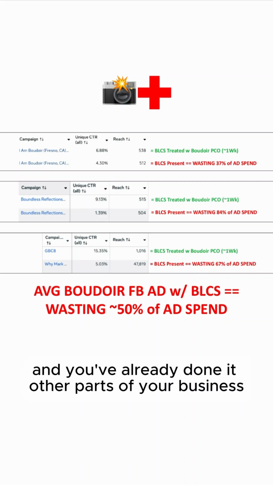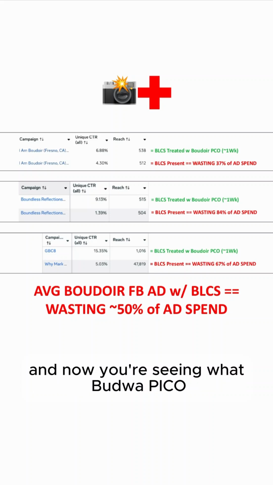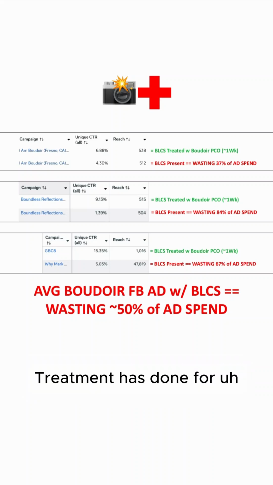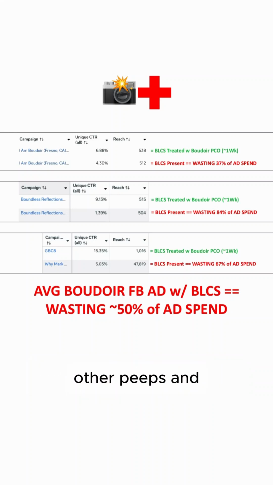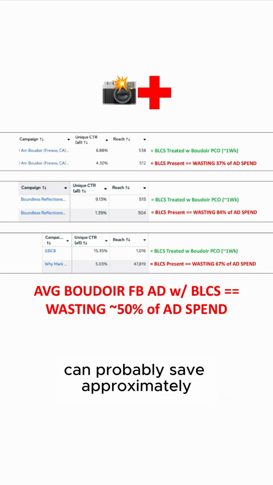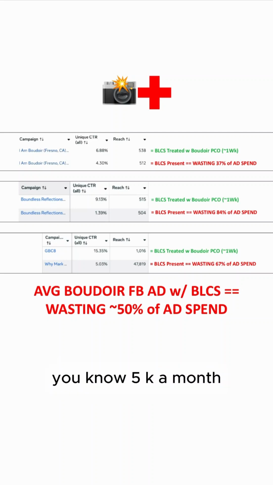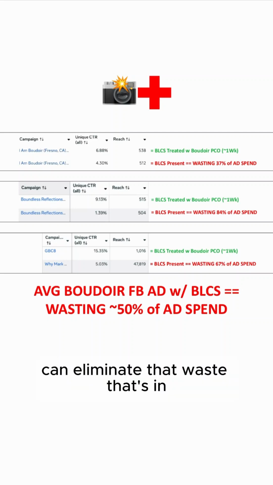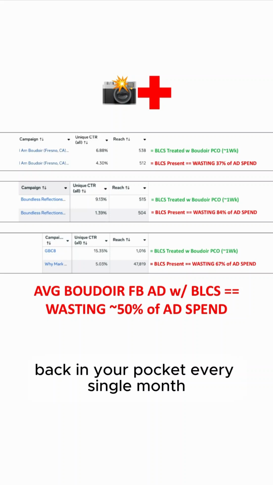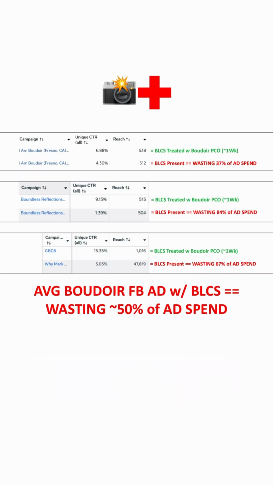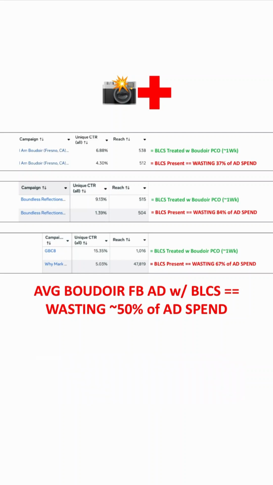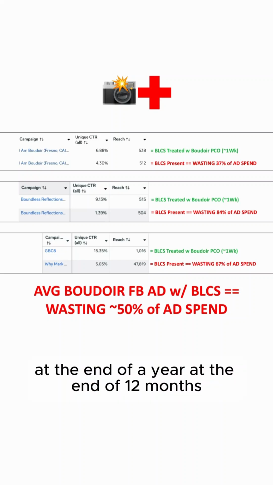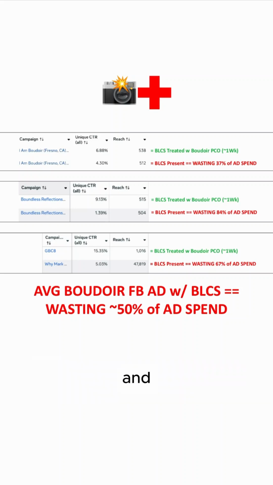You've already done it in other parts of your business, and now you're seeing what the Boudoir Pico treatment has done for other Boudoir Facebook ads, other peeps, so you've already seen it can probably save approximately 5K a month. You can eliminate that wasted ad spend and put it back in your pocket every single month, and that'd be approximately 60K at the end of a year, at the end of 12 months.